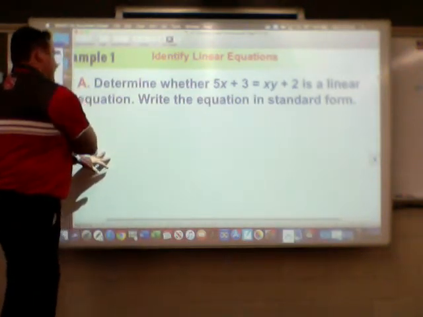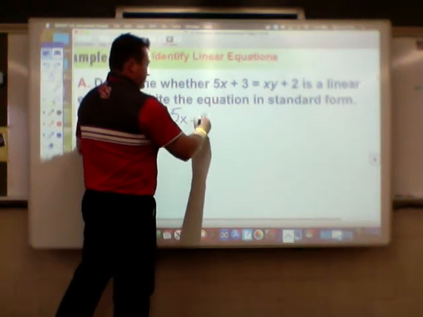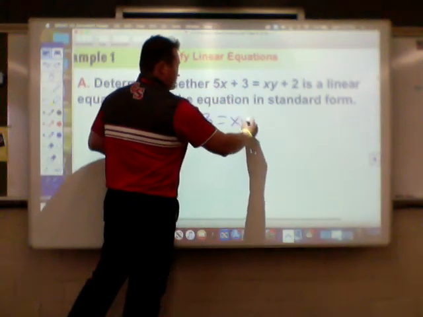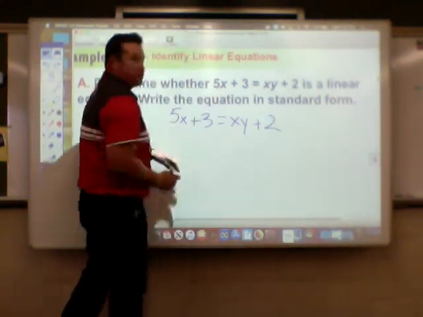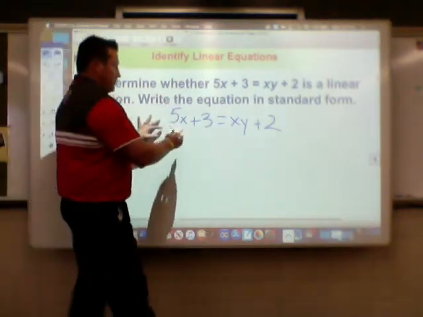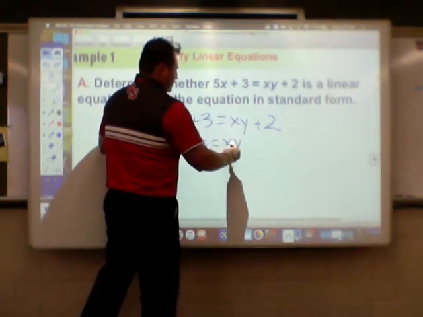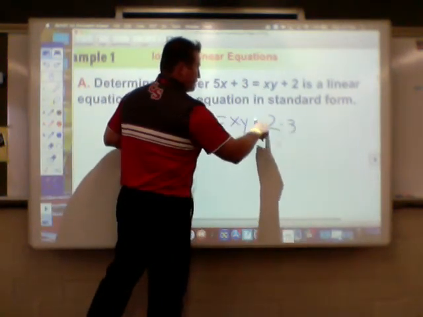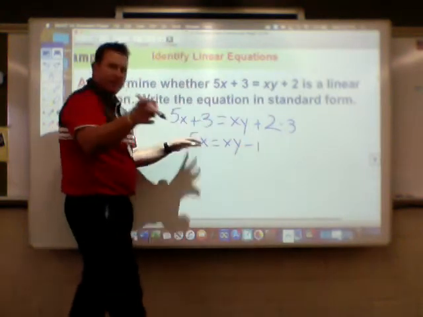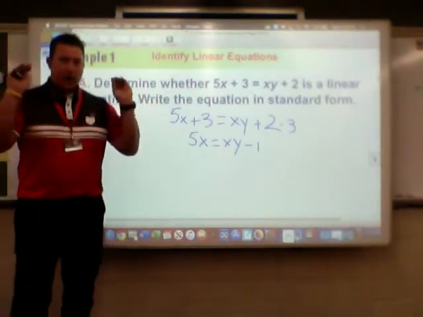So 5x plus 3 equals xy plus 2. I'm going to move that 3 over there with the 2, with a little bit of subtraction. I'm left with 5x equals xy, and 2 minus 3. Somebody said it out there, negative 1. Probably Natalie. She is a subtraction guru.